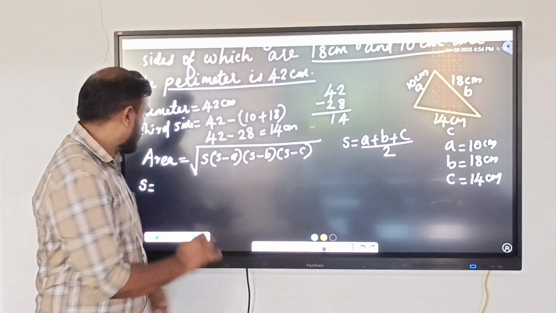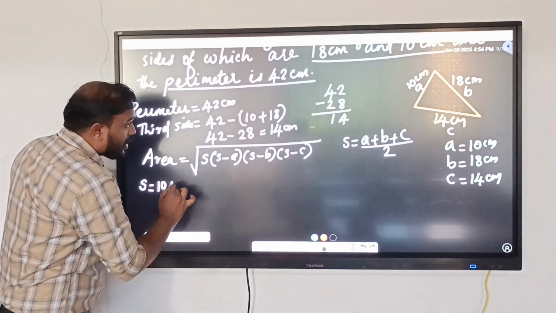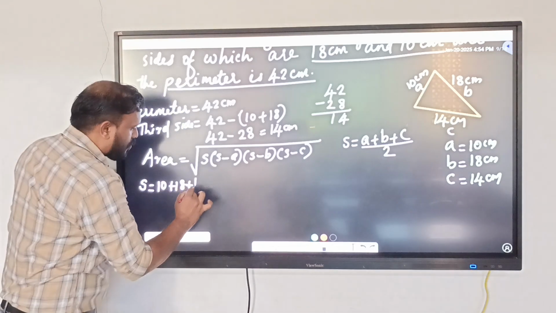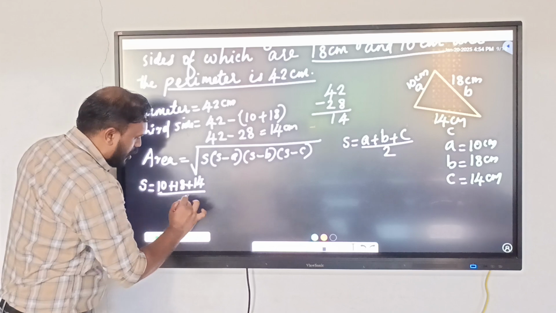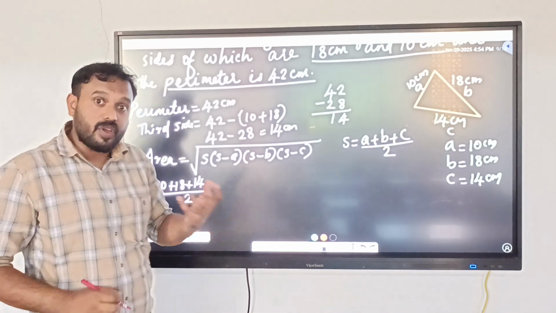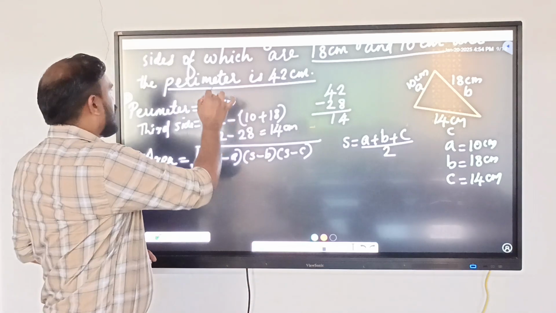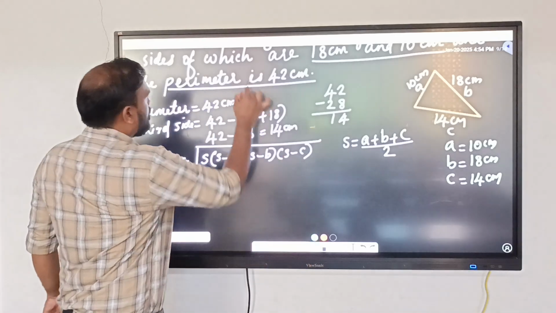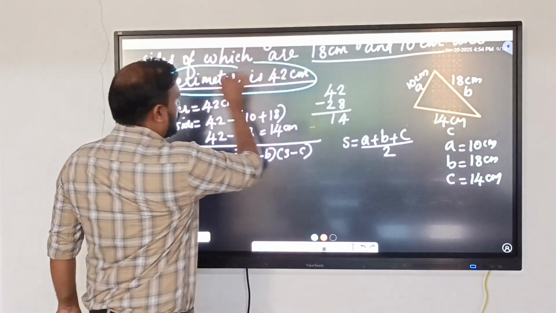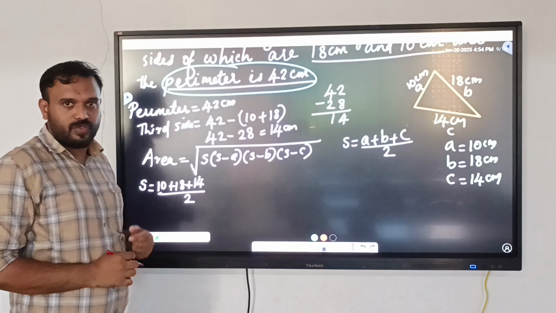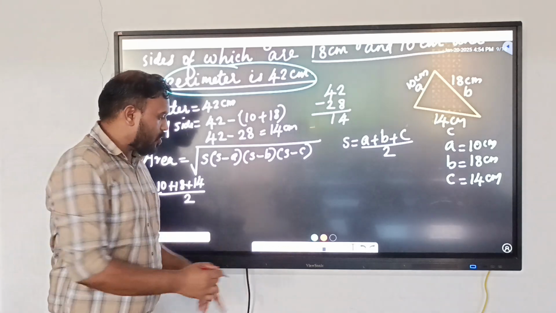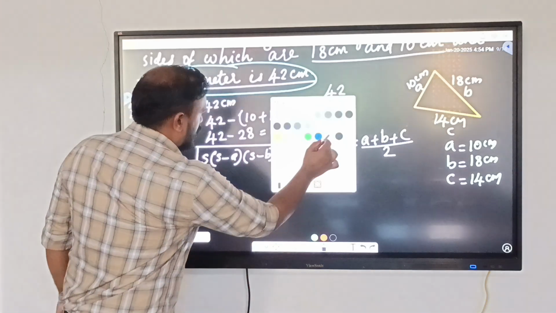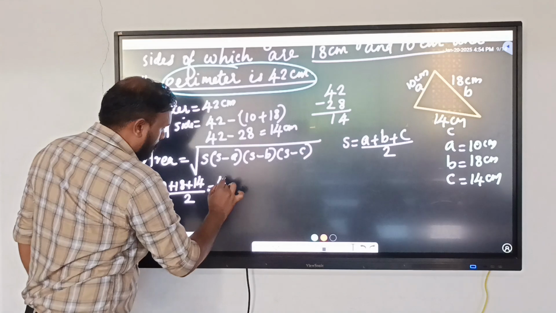That means 10 plus 18 plus 14 all divided by 2. Otherwise, it is already given in the question that the perimeter is 42, so directly we can write 42 by 2.